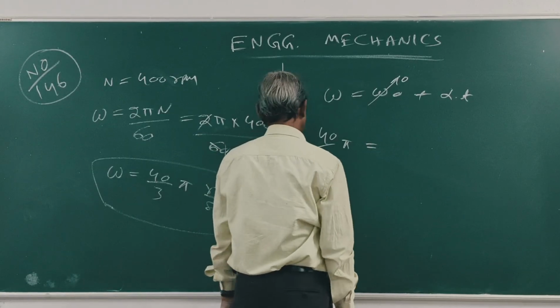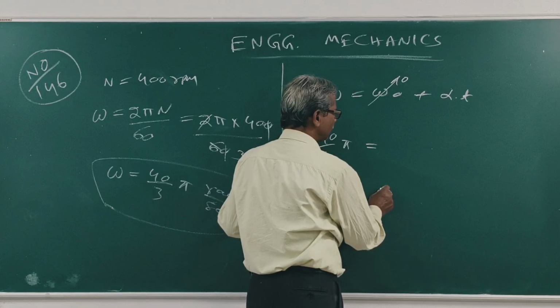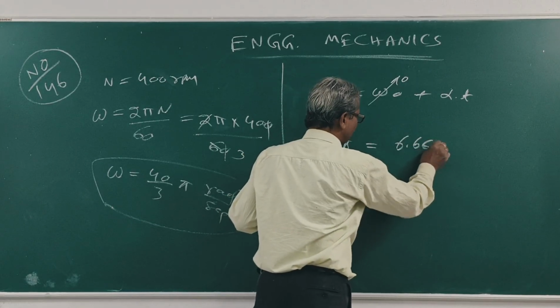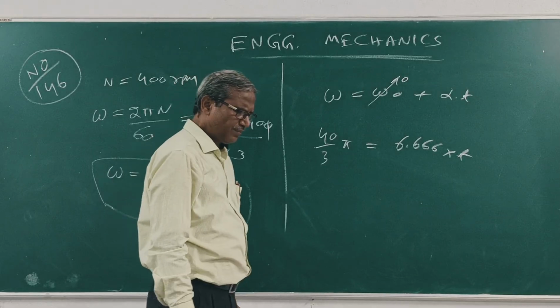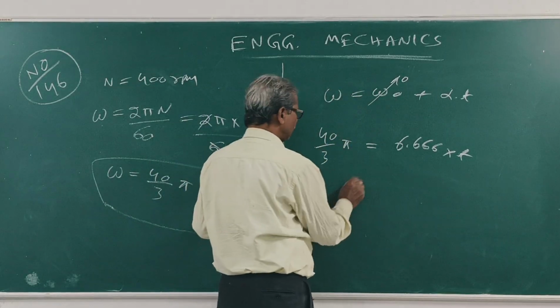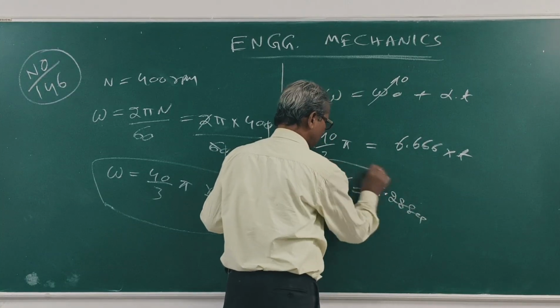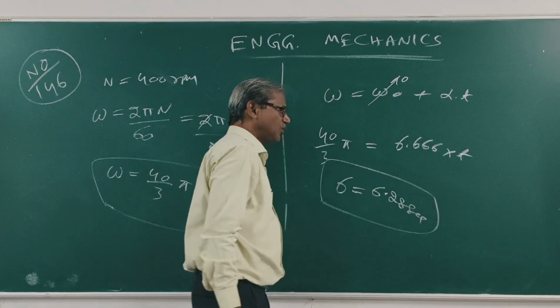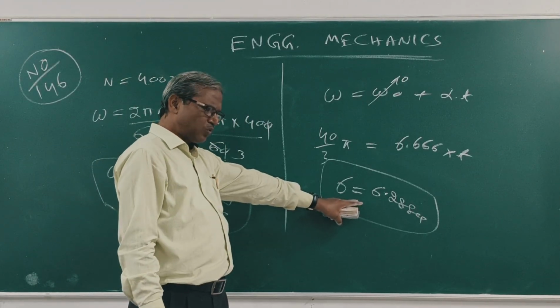What is alpha equal to? 6.666 into t. Clear? So t is equal to 6.28 second. So the time taken to make the speed 400 rpm is 6.28 second.